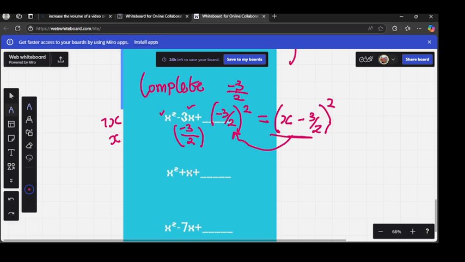So the coefficient of x here is 1, and half of 1 is 1 over 2. To make the perfect square, I will add the square of this, so I now have 1 over 2 all squared. Does this make sense?